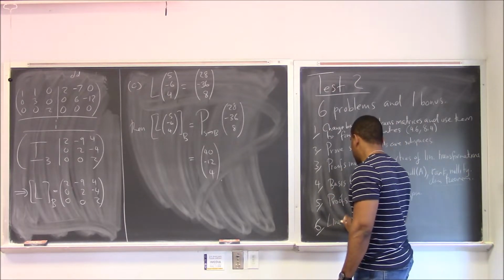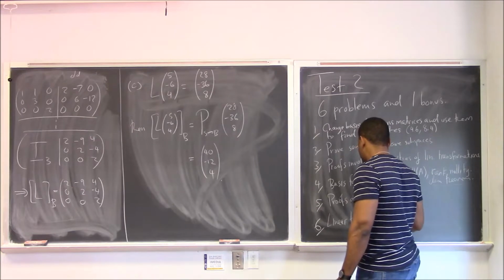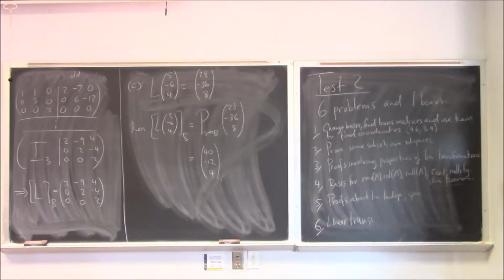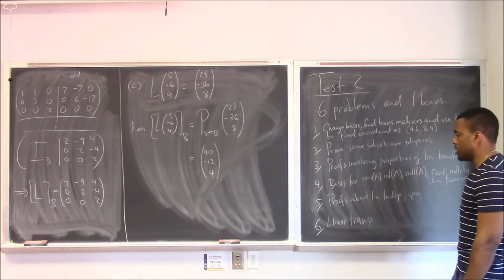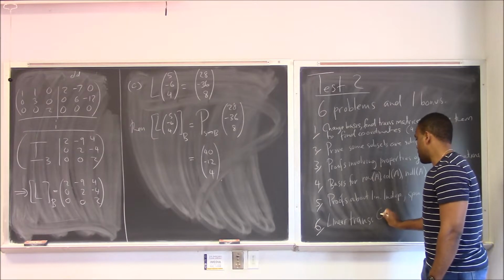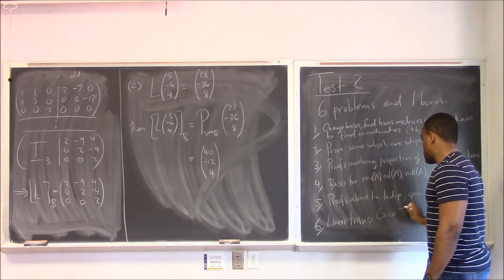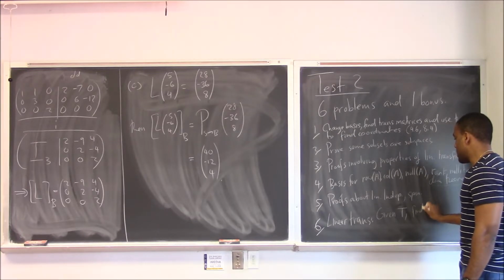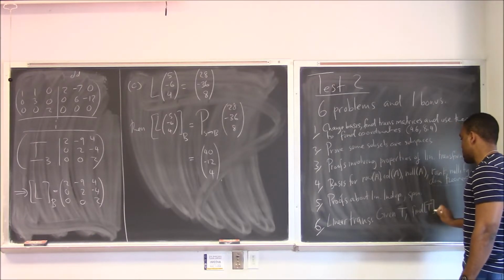And then linear transformations, as in specific problems about linear transformations. So I'll tell you a transformation and I want you to figure some things out. Given T, some linear transformation, can you find its standard matrix?